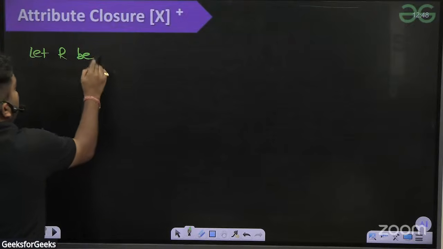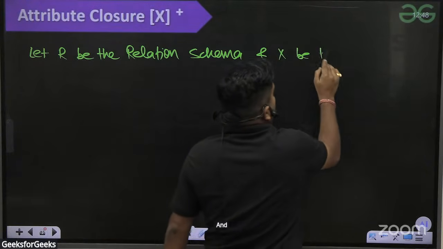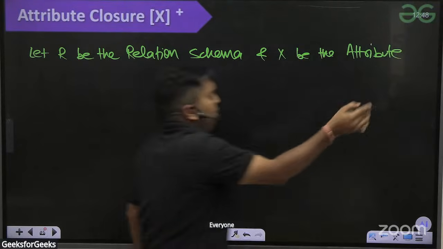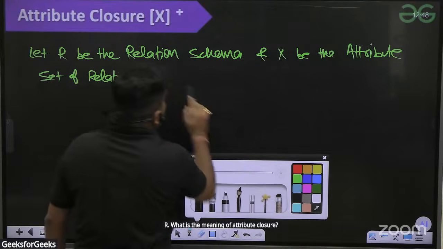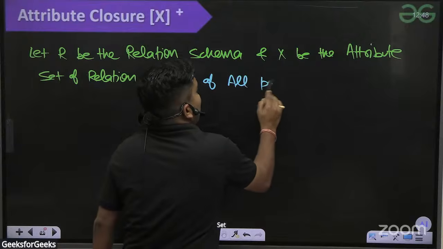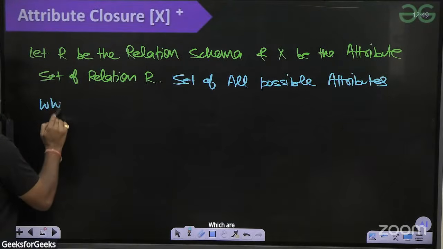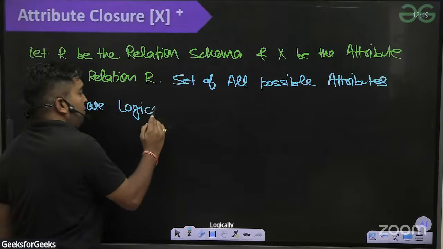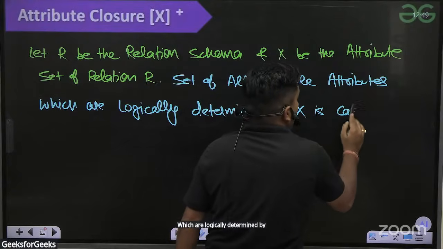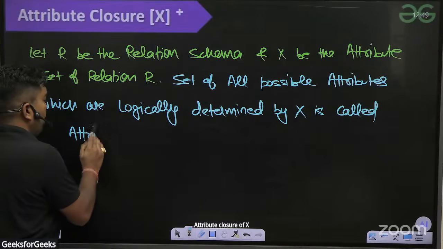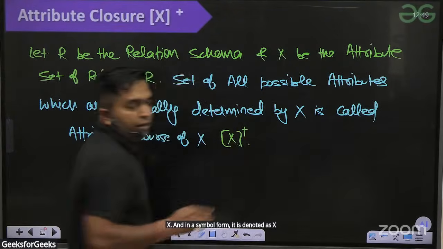Let R be the relation schema, and X be the attribute set of relation R. The set of all possible attributes which are logically determined by X is called the attribute closure of X, and in symbol form it is denoted as X plus.